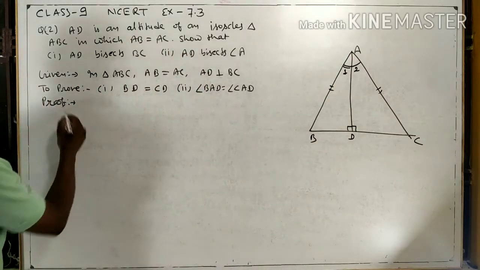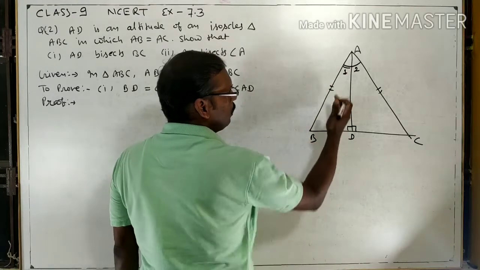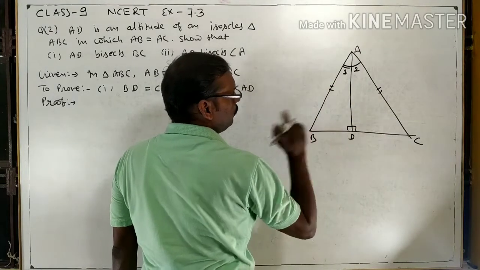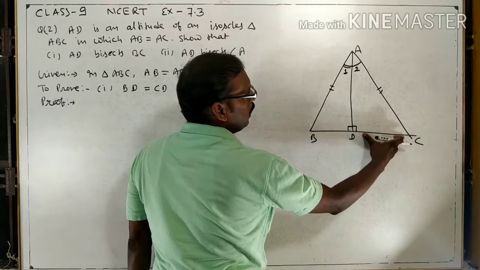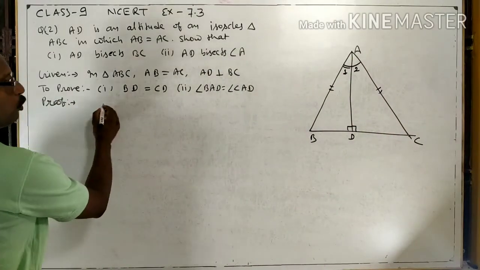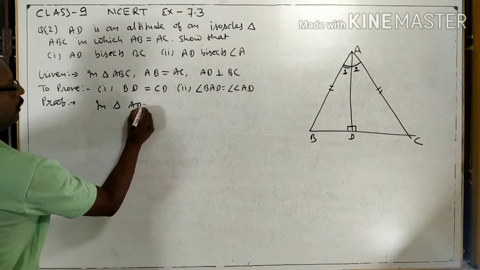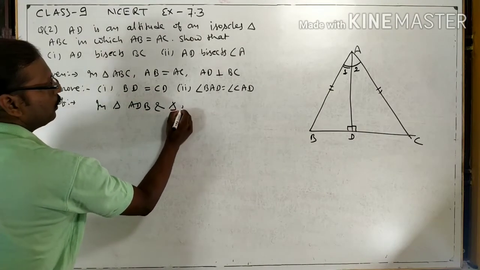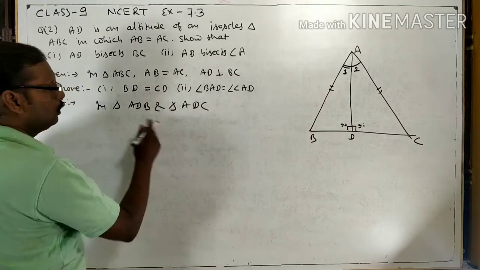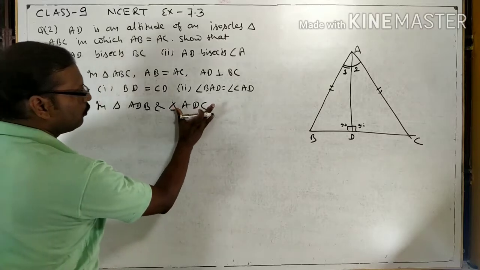Now, in proof, since BD and angle 1 come in triangle ADB, and CD and angle 2 come in triangle ADC, in proof we write in triangle ADB and triangle ADC. We write the part of ADB on this side and the part of ADC on this side.